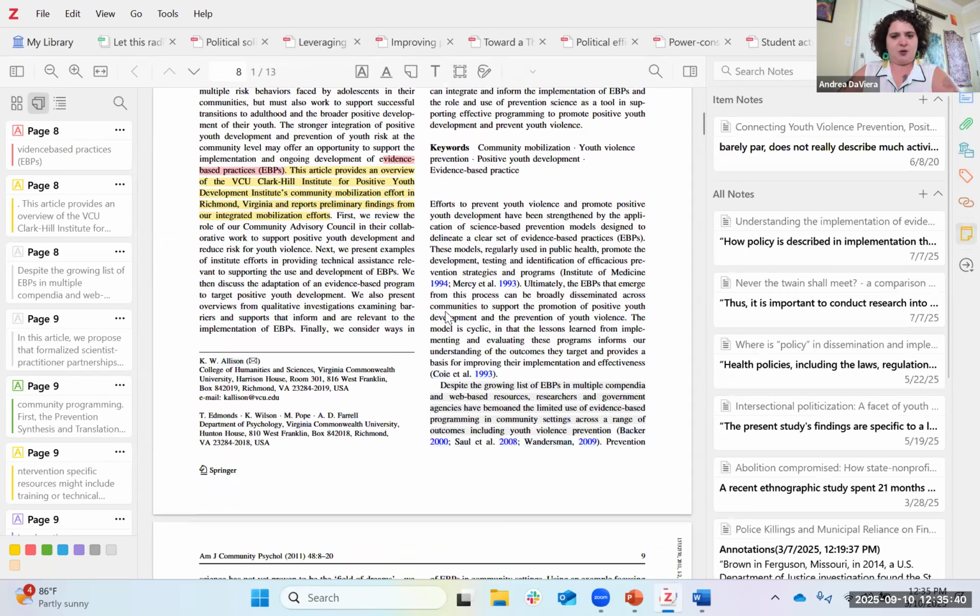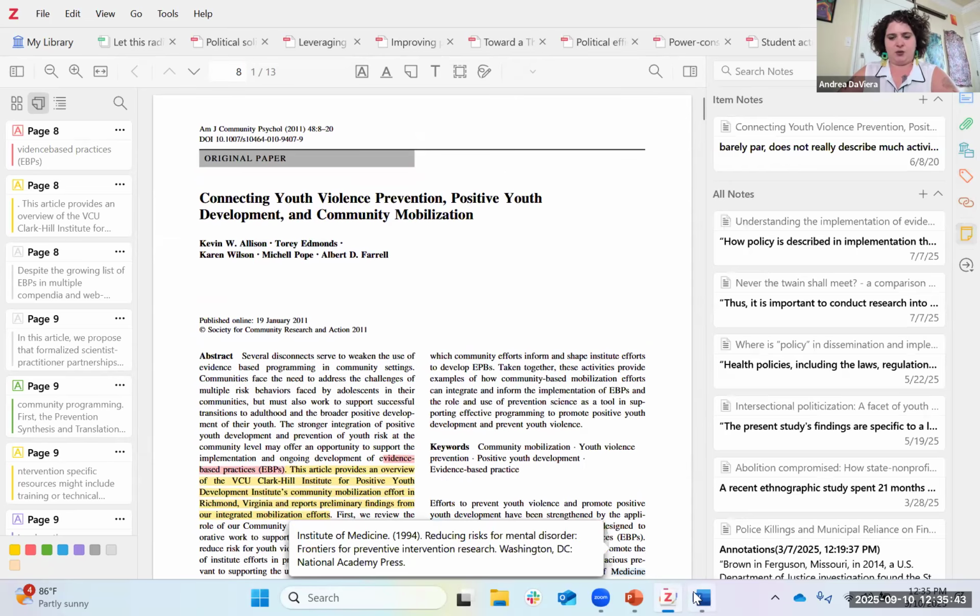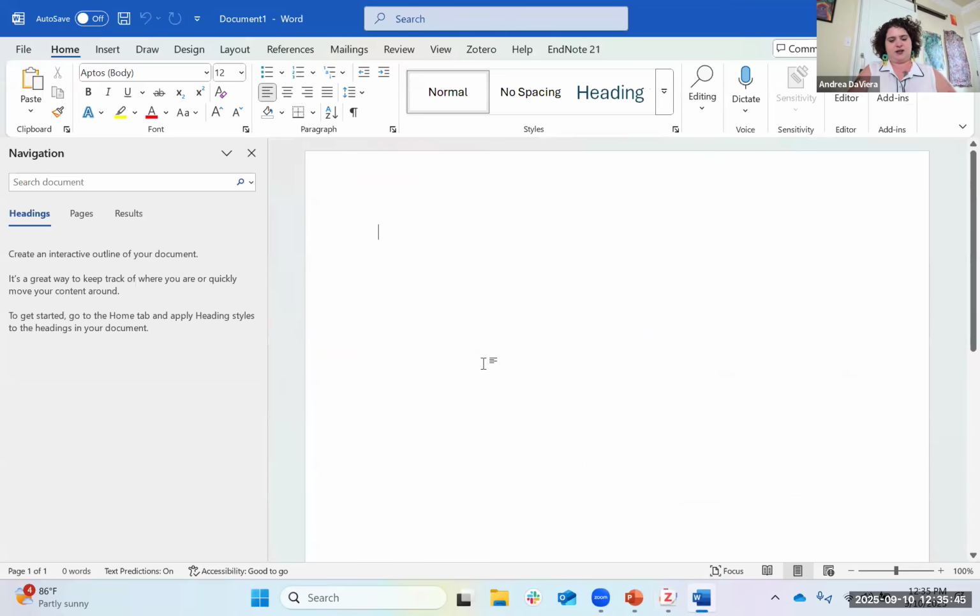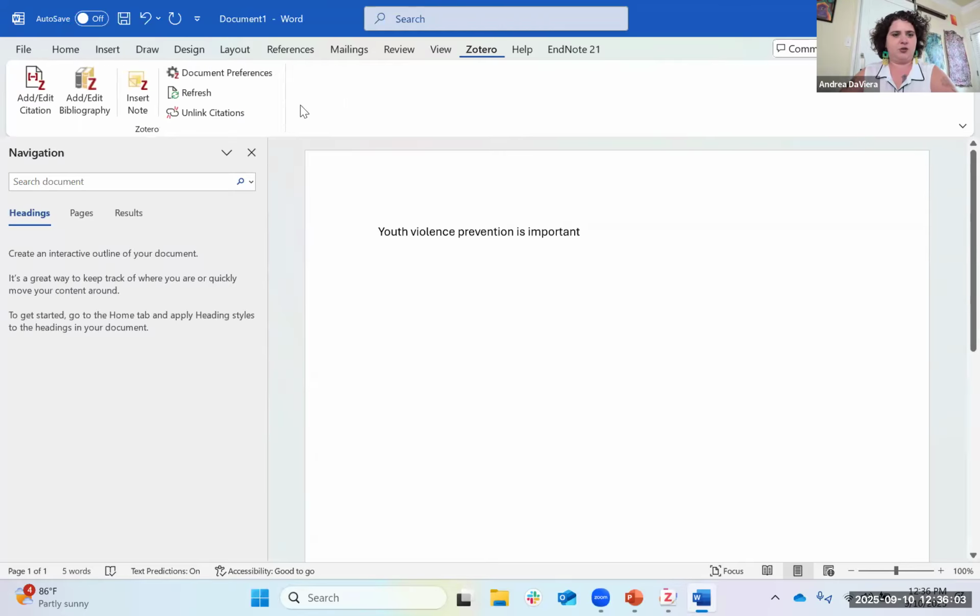What's also particularly nice is when you're writing, let's say I'm writing something about youth violence prevention is important, and I want to cite that. If you have an extension on Word, you just add it to your Word essentially, where you can just import citations without having to type them out.